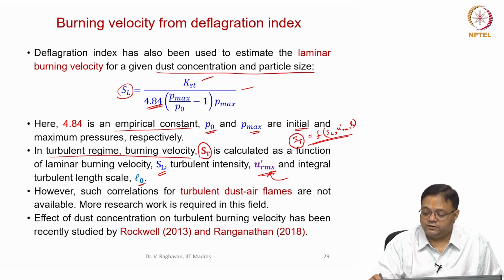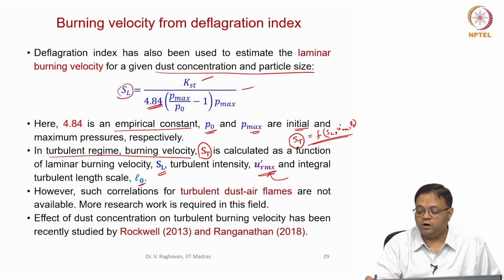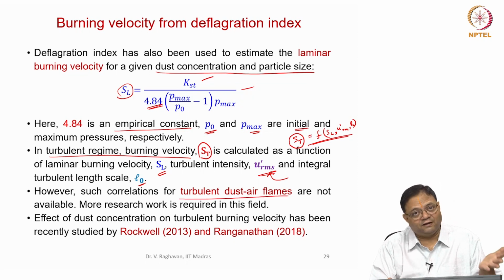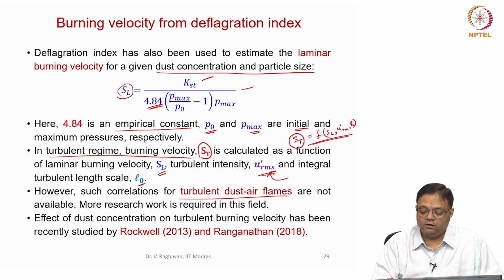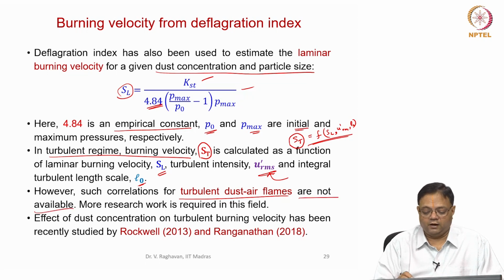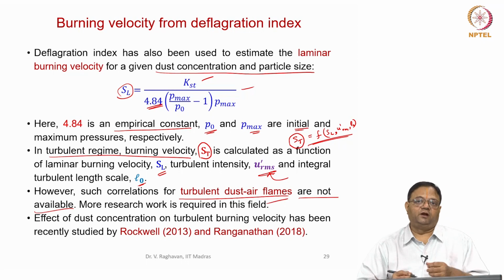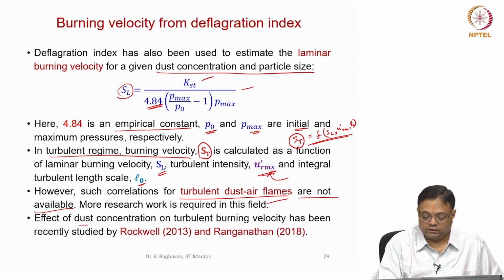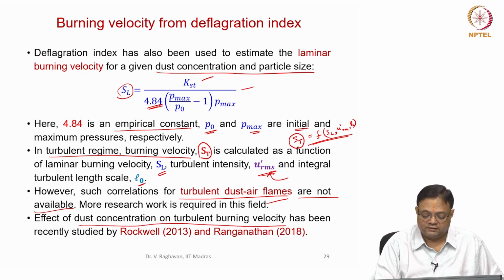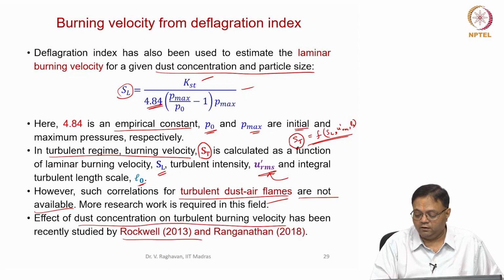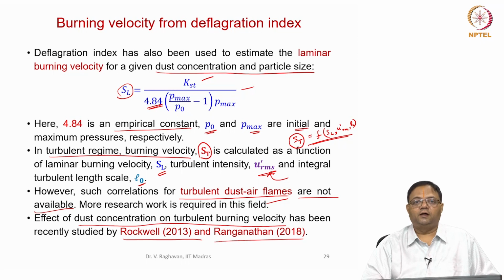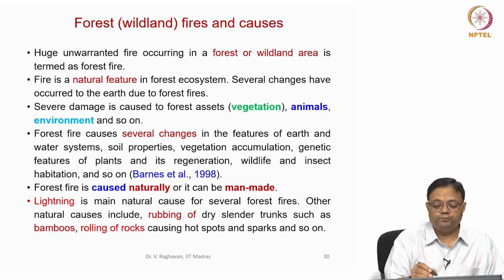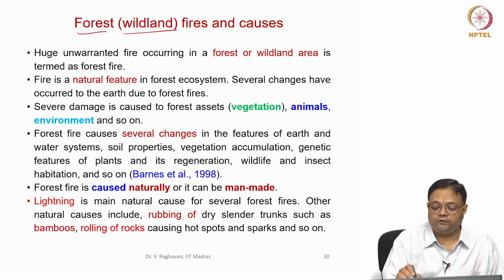This correlation, St as a function of SL, U dot RMS and L naught, is available for turbulent gas air flames, but for turbulent dust air flames they are not available, and more research is required in this field. Some effect of dust concentration on turbulent burning velocity has been discussed by Rockwell and Ranganathan in their PhD thesis. Now, we will go to wildland or forest fires.